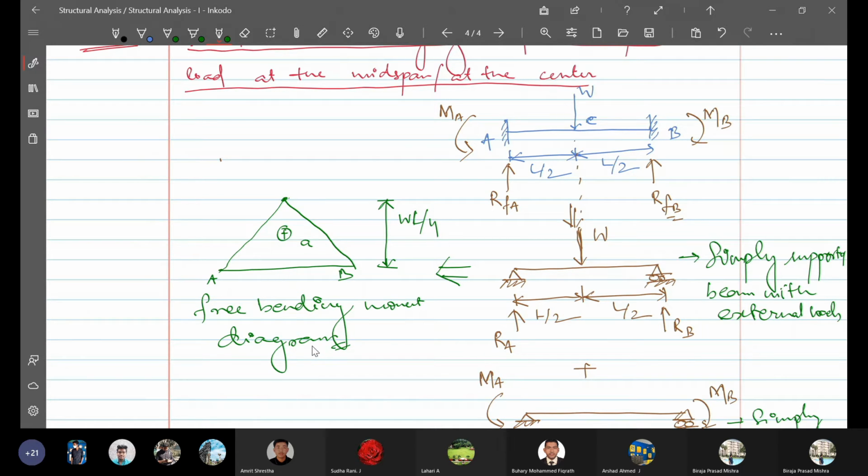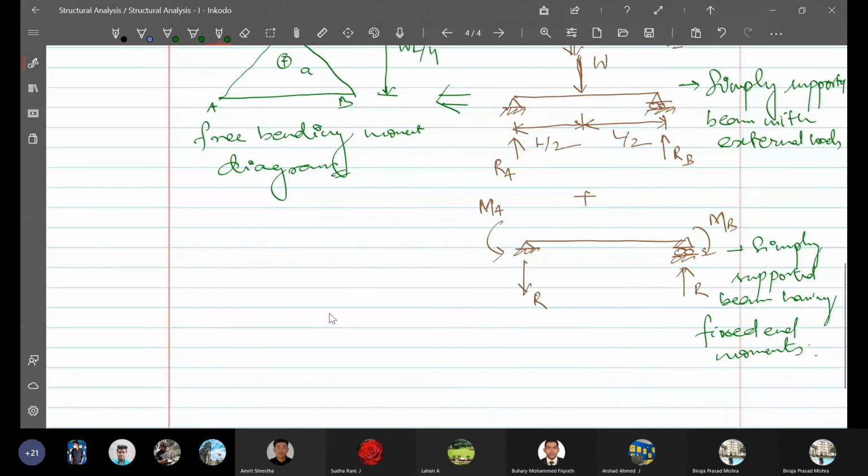Okay, this is the free bending moment diagram, and for this one we will have the fixed bending moment diagram. So how will the fixed bending moment diagram look? The fixed bending moment diagram will be this one.